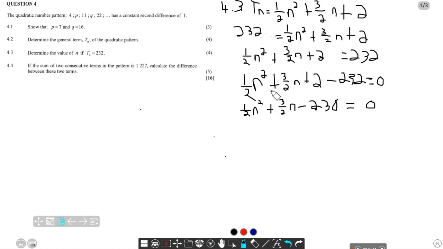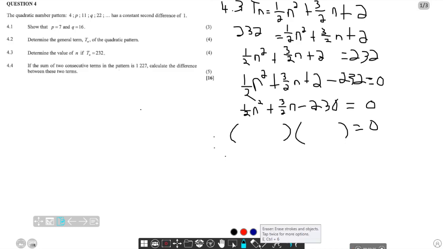And then from here, we're going to have to factorize now. We have to put in 2 sets of brackets, and that will be equal to 0.